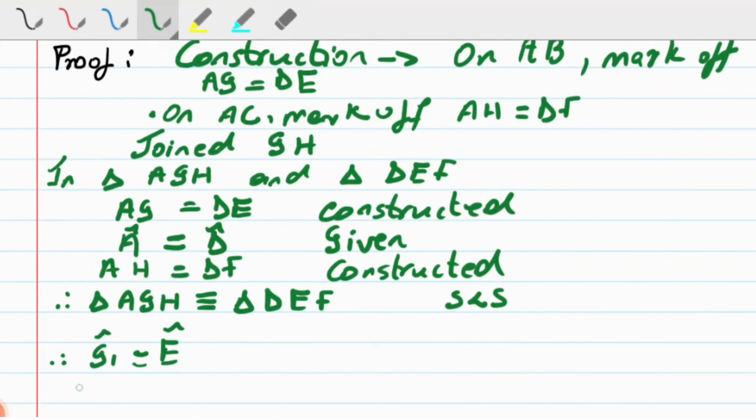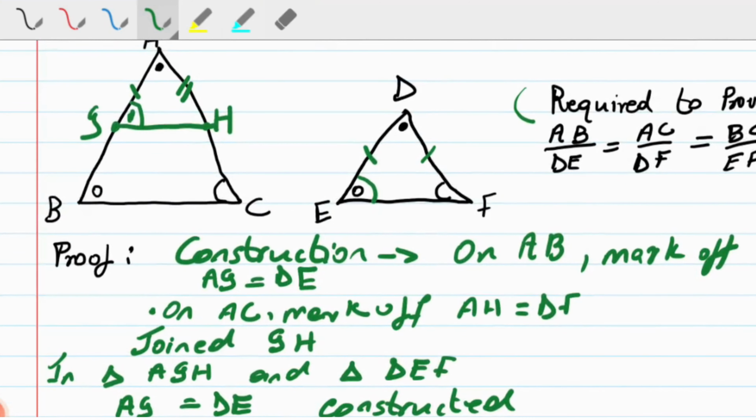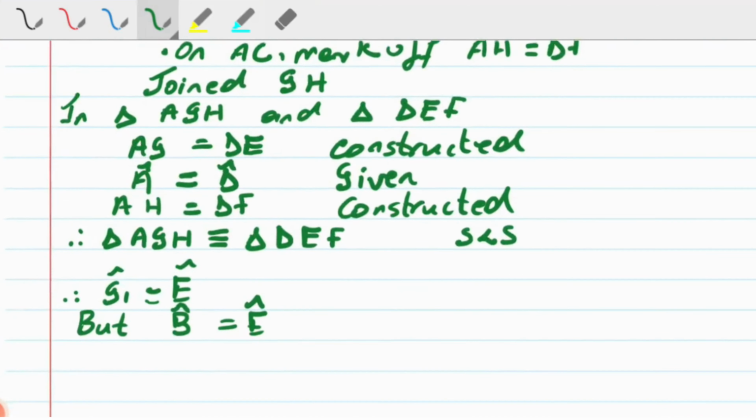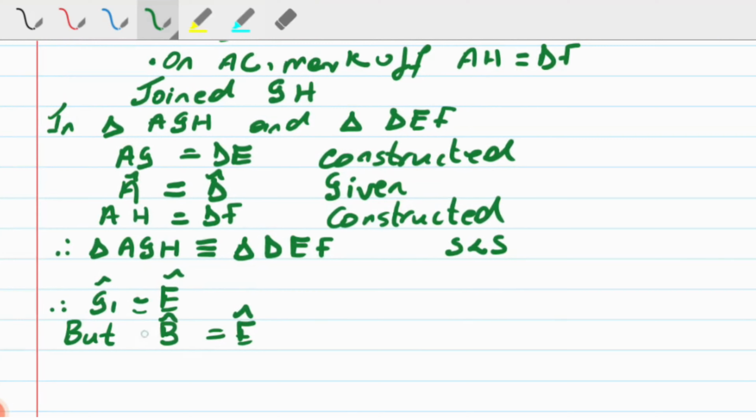But if you remember, it was given that angle B is equal to angle E. So since both G1 and B are equal to E, they are equal to each other.